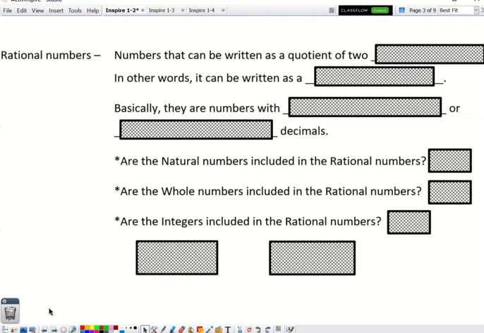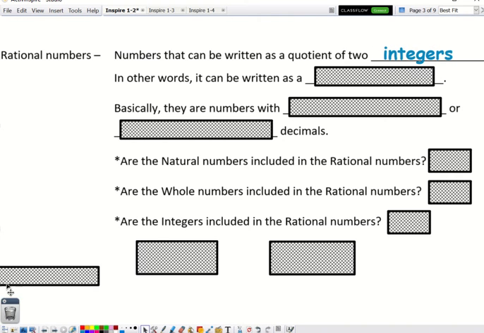There's also these things called the rational numbers. That's a subset of all the real numbers. Do you remember what rational numbers are? What makes a number rational? Numbers that can be written as a quotient of two integers.